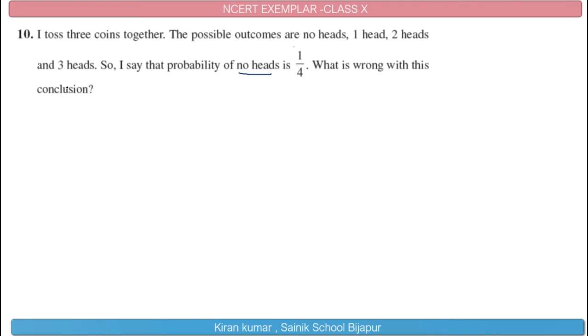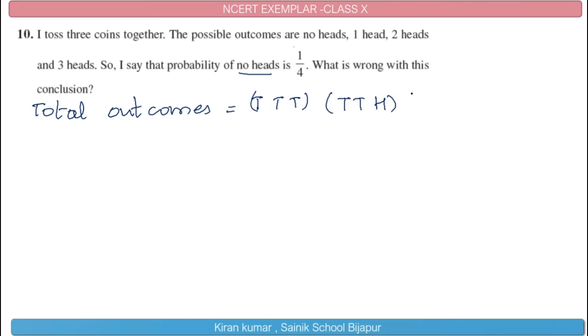Here there are 3 coins tossed. So the total outcomes will be: all the 3 can be tails, 2 tails and 1 head. First one is tail, rest of the 2 are heads.